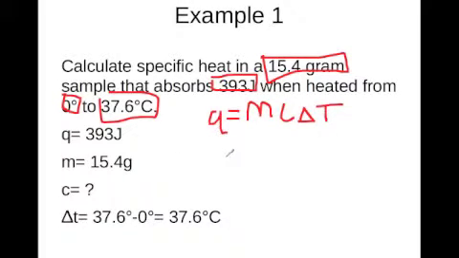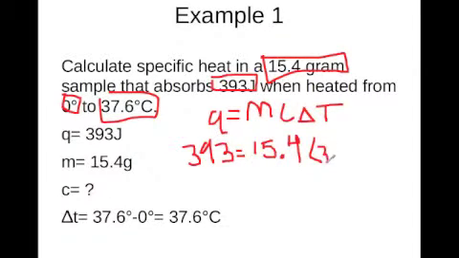So you start to plug that into your equation, and that gives you 393 equals your 15.4 times your temperature, 37.6, and your C, since that's what you're looking for.